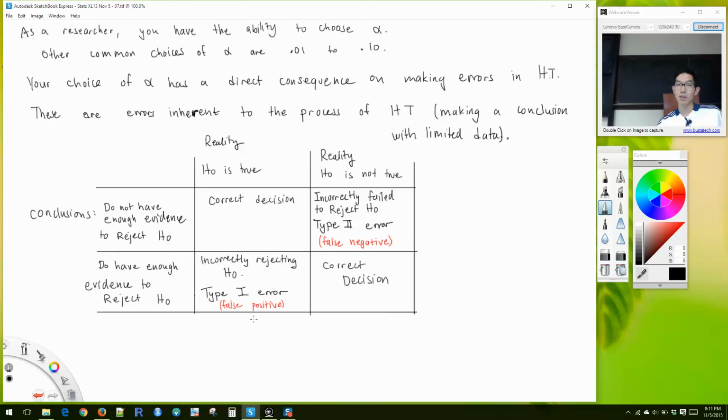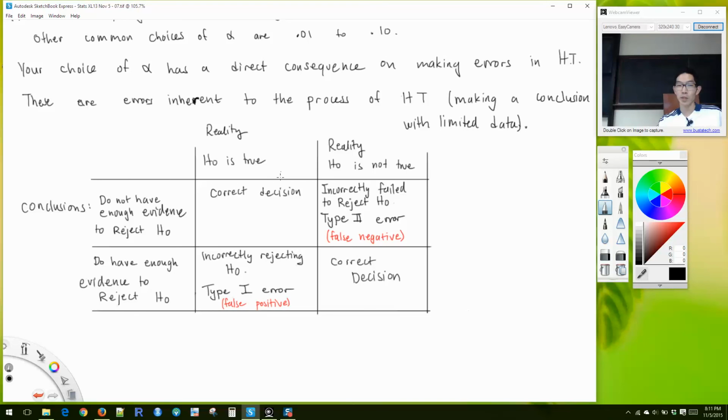So does that mean I will be making the mistake of incorrectly rejecting the null hypothesis more or less often? So I'm just rejecting the null hypothesis less often in general now.